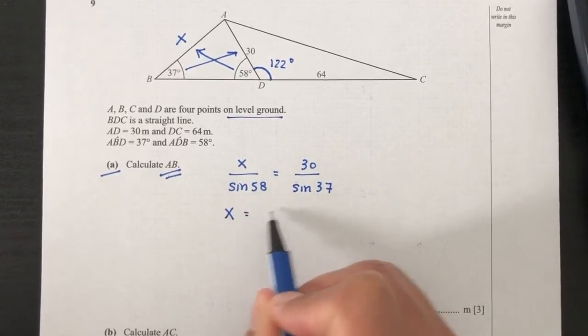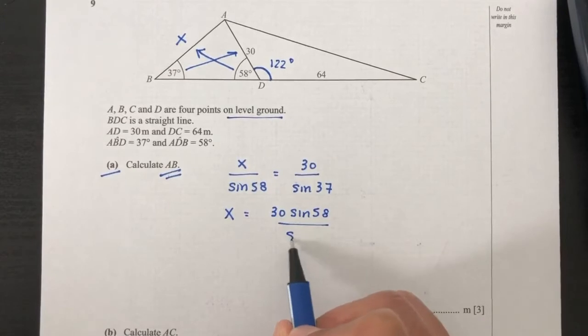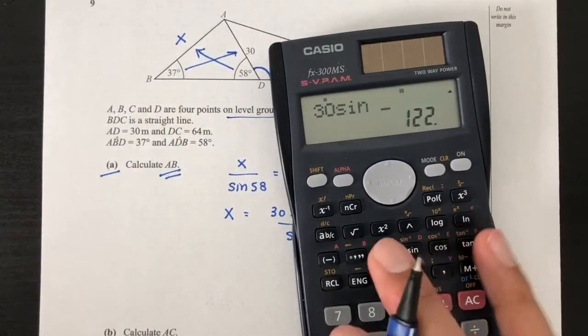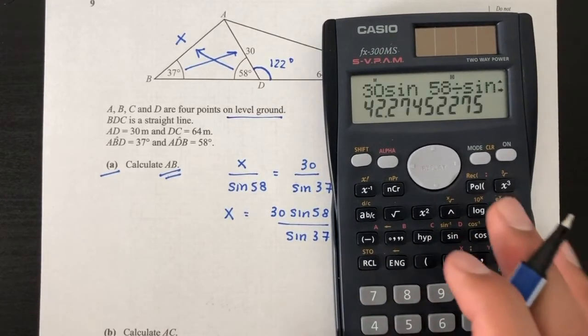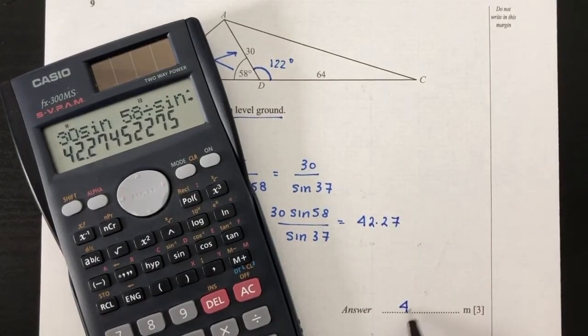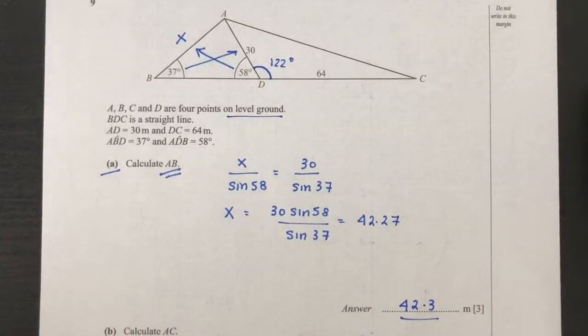So X equals 30 sine of 58 divided by sine of 37. That should be 42.27, which is 42.3 meters. That will be your side for AB.